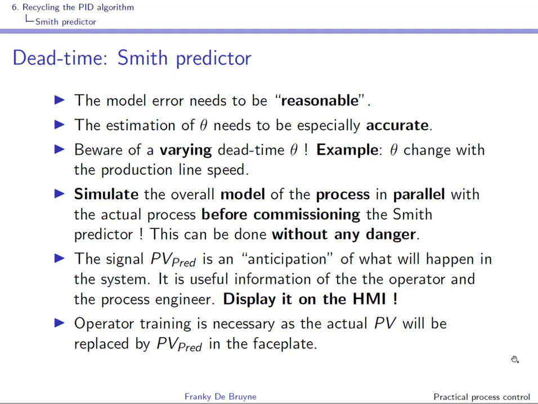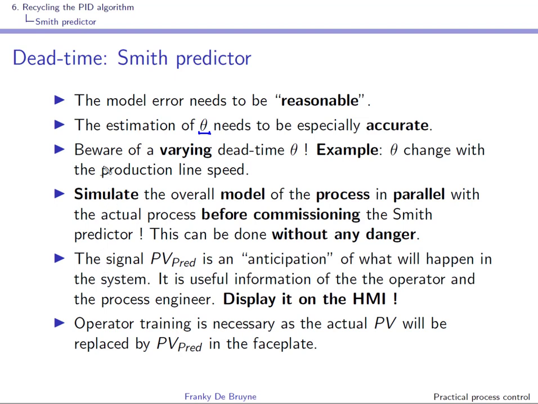So you need a good model of the process, and especially the estimation of theta needs to be accurate. Because if this estimation of the delay, the dead time, is not accurate, you could do worse with the Smith predictor than without.